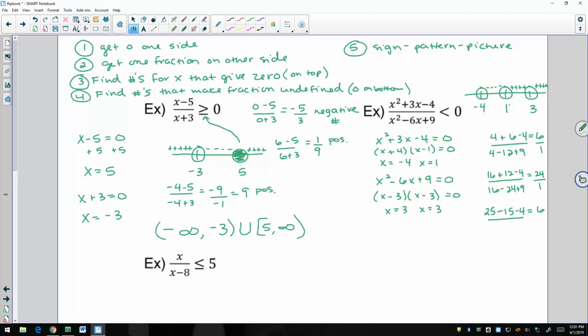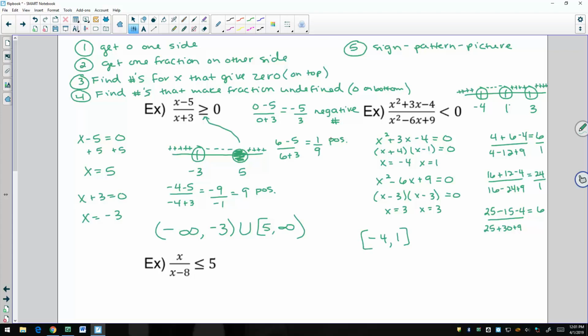All over, -5 squared again is 25. A -6 times a -5 is actually positive 30. And then plus 9, that's a positive number, so these are positives as well. So your only spot where you are negative is from -4 to 1, and you can't include either one of those.